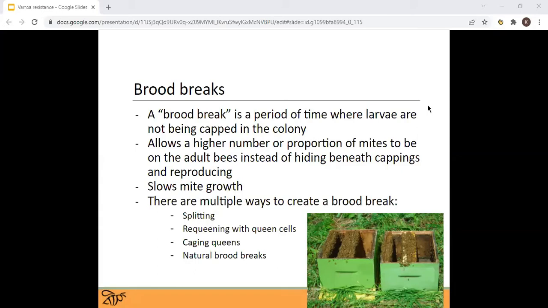There is a technique that's often talked about online that involves caging your queen to simulate a brood break. And we don't recommend using that method because it can have the unintended consequence of queen supersedure.